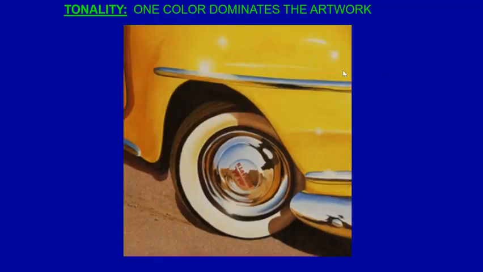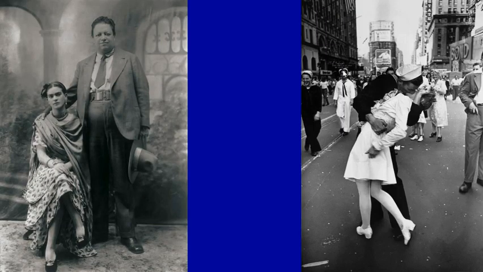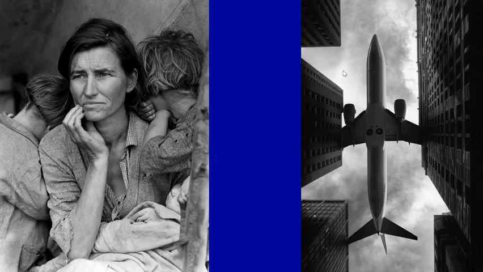Tonality is when one color dominates the artwork. So there's lots of color. I can see red and blue and browns and blacks, but it's the yellow that really dominates this picture. And value is how light or dark something is. White and black and all the grays in between. So when you have black and white photography, there's no color in it at all. There is only values.